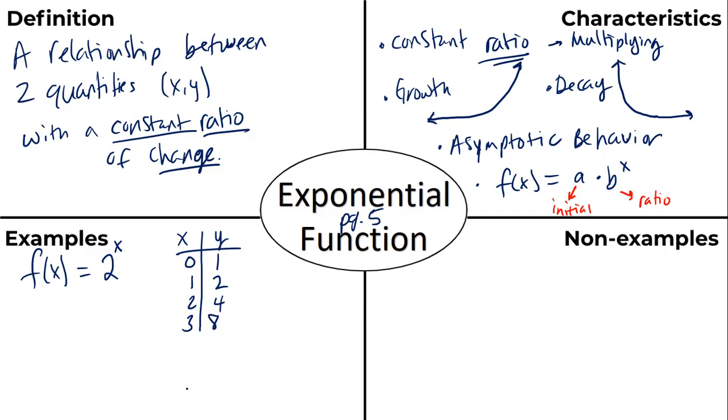So 2 to the 3rd power is 8. Okay. Our constant ratio means that to get from one y to the next, I'm multiplying by the same thing. So how am I getting from this y to this? How am I getting from this y to that? 2. Do we see the constant ratio? All right. That's what makes this exponential.